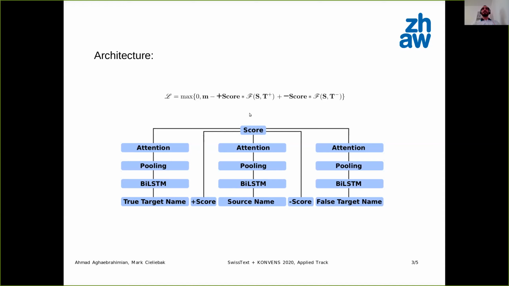At the end, we used a hinge loss function to compute a score given each combination. In this loss function, we computed the similarity of the generated vectors for source name and true target name, and source name and false target name, multiplied with their associated scores.